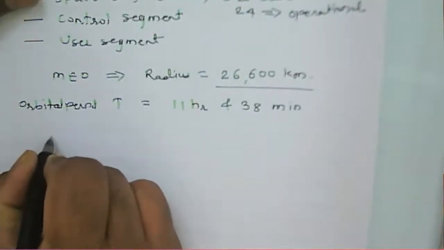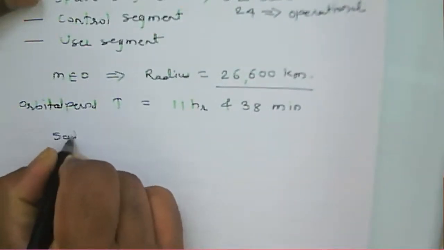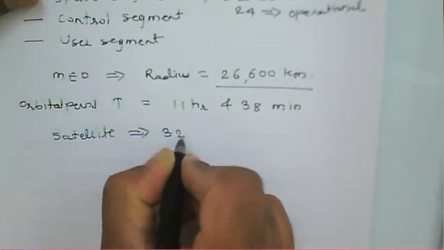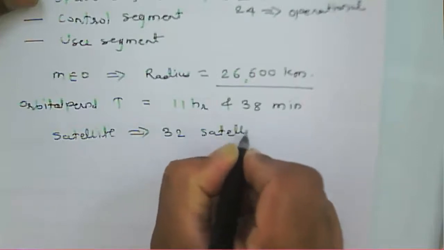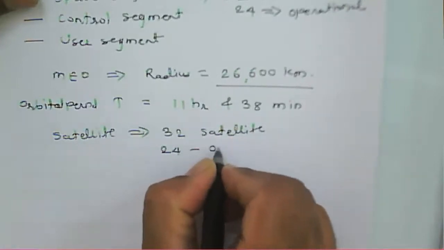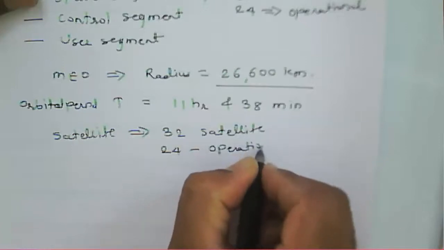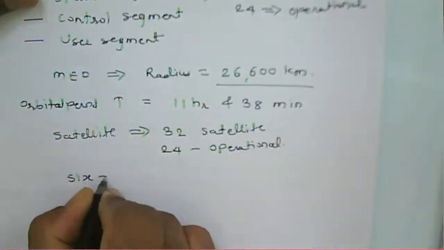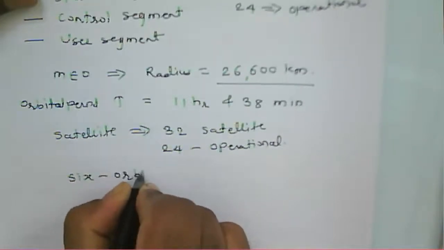The total is 32 satellites, and out of that, 24 satellites are operational there.